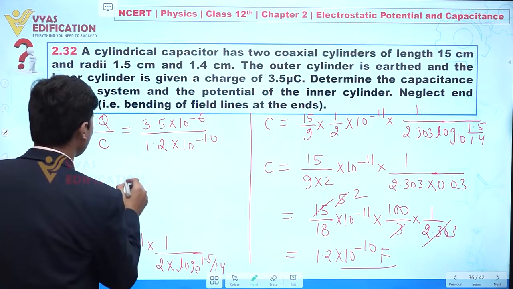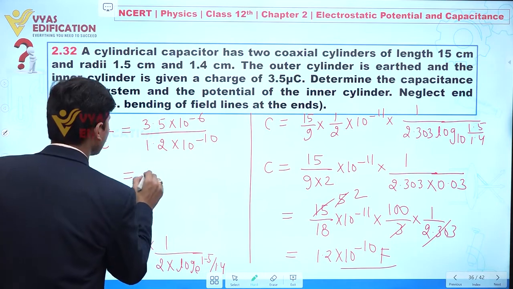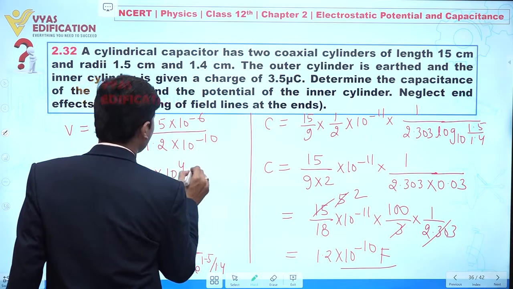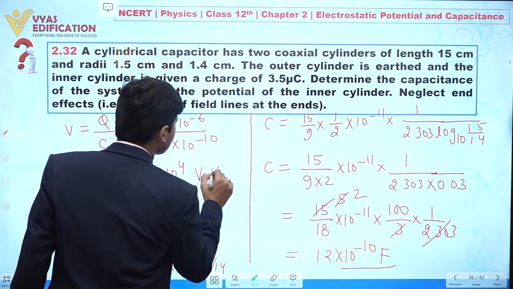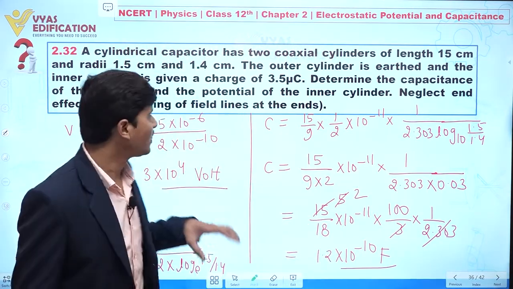So this is almost equal to 3 into 10 to the power 4 volt. This is the value of electric potential at the inner surface of the cylinder.